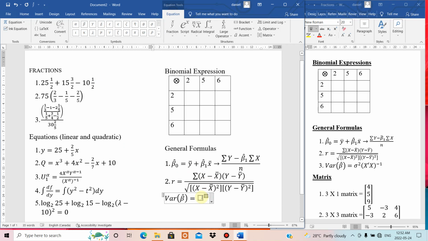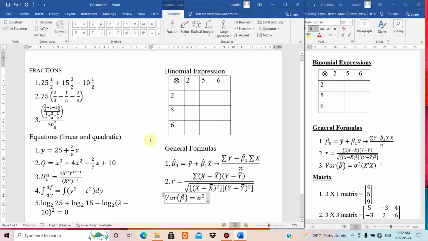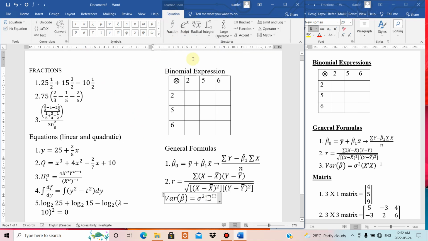Sigma is a Greek lowercase. So yes, we have our sigma squared. Now the bracket has an exponent of -1. That's the inverse. So we introduce our bracket also.